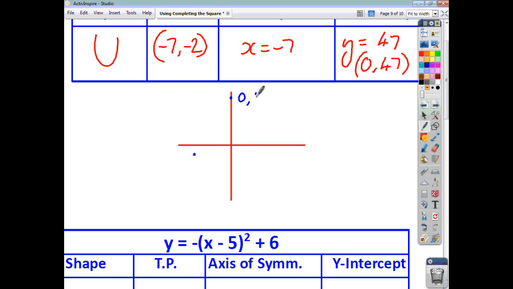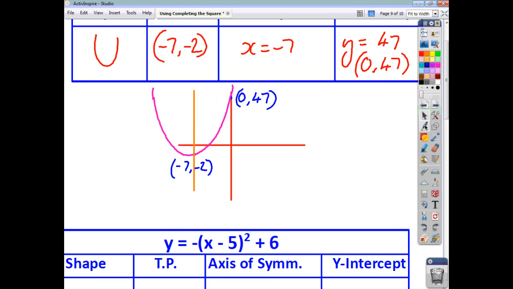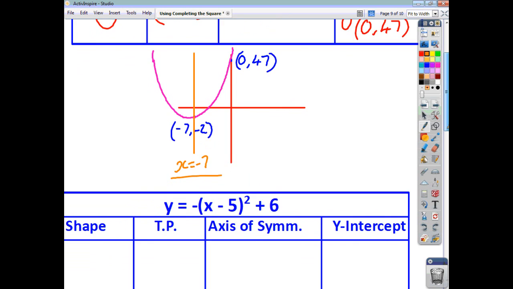So (0, 47), we will mark on our coordinates, (negative 7, negative 2), and we can then finish it off and draw our parabola, and we can draw on our axis of symmetry. And the axis of symmetry would have an equation of x equals negative 7. Okay, so that's the first one. A U-shaped parabola is what we would get.